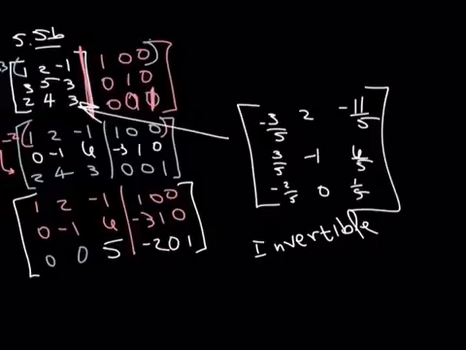And when this occurs, you will get one of these rows that you're trying to get to look like this, that has all zeros. And if that's the case, there's no inverse.